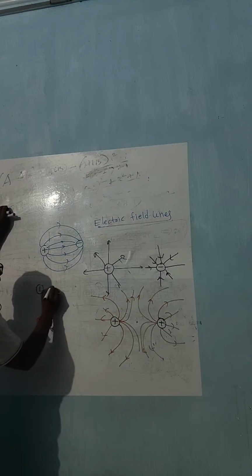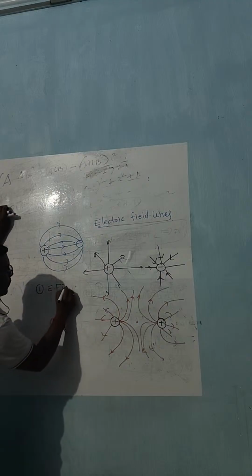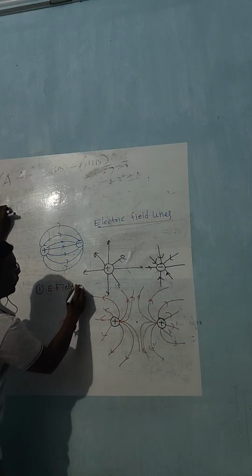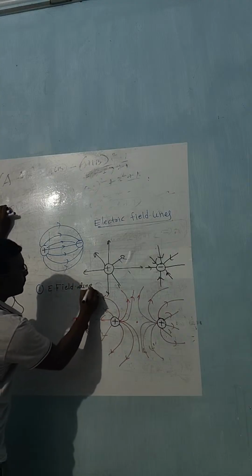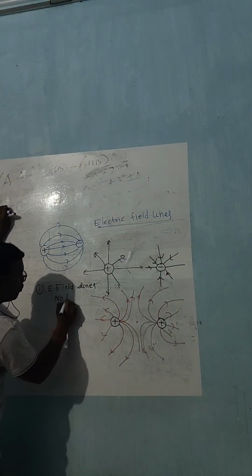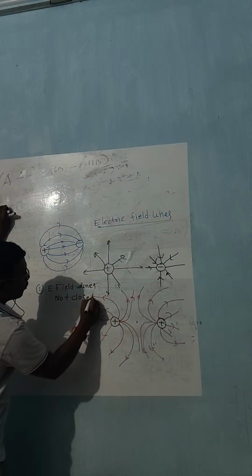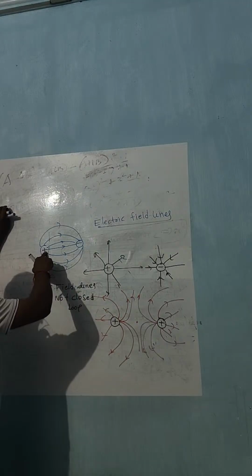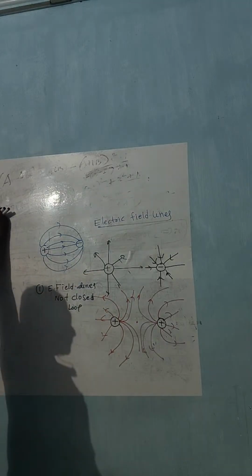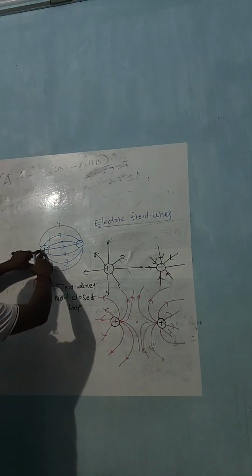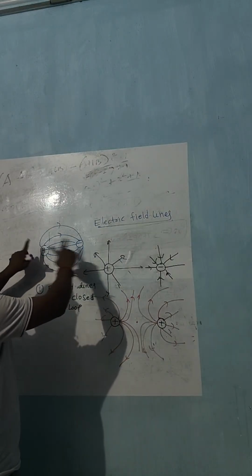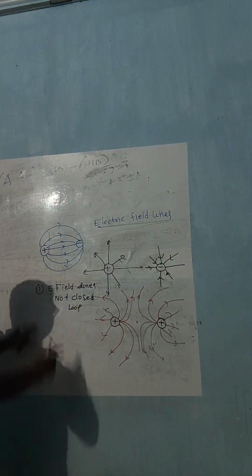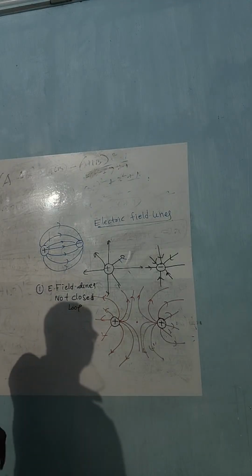So electric field lines are not closed loops, because they start here and end there. The starting point and ending point are different. They will not form a closed loop.